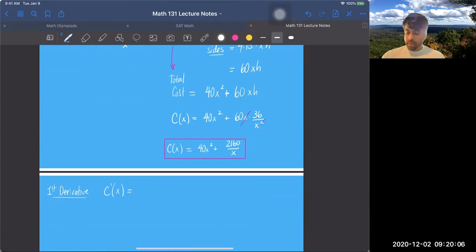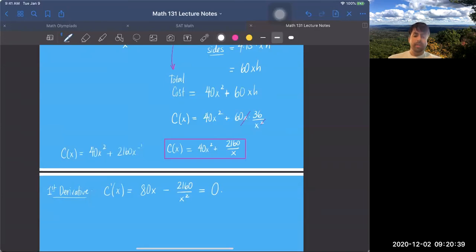Well, remember that it will be useful just to rewrite this with a negative 1 power. So the derivative would be 80x minus 2160 over x squared. And we want to set it equal to 0.